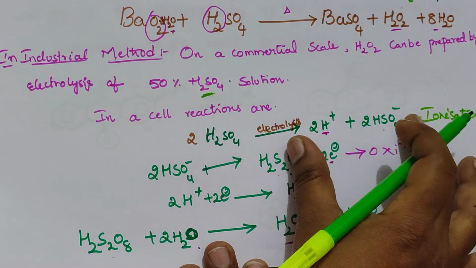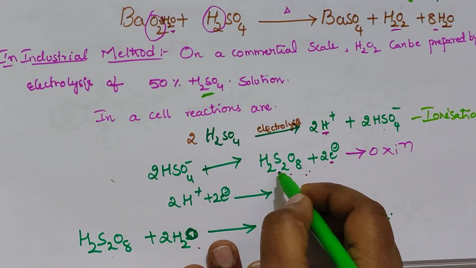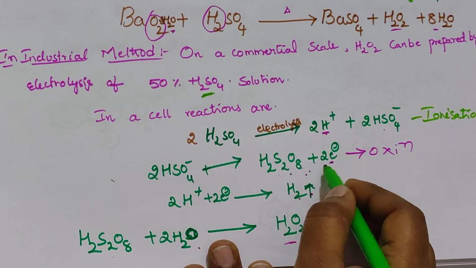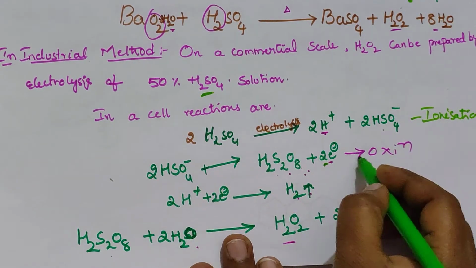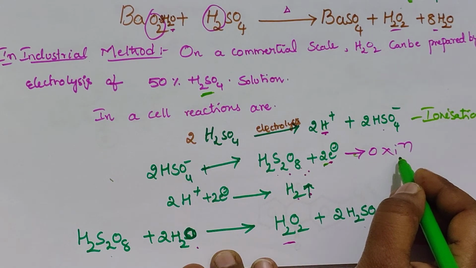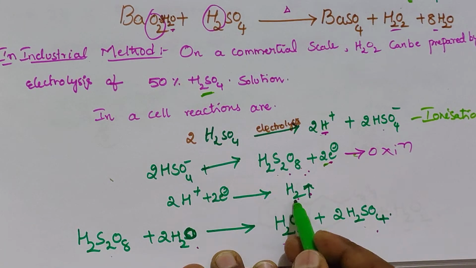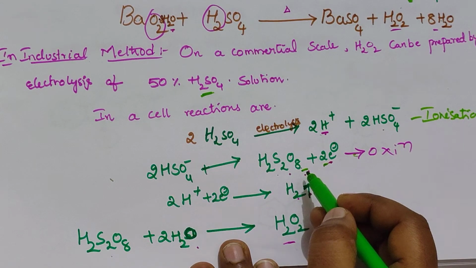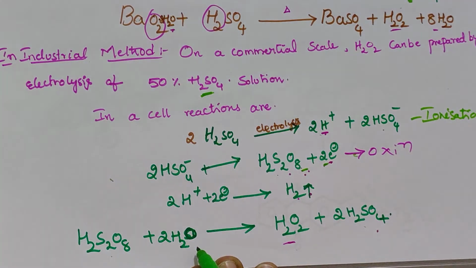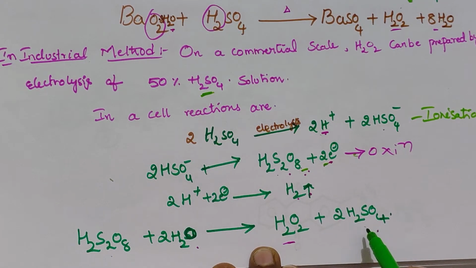At the anode, the 2HSO4 minus gives H2S2O8 as 2 electrons are removed from the HSO4 minus. This step is called oxidation. And the next one is the 2H plus ions. Adding 2 electrons, hydrogen gas is liberated. In the next step, perdisulfuric acid is treated with water, that is hydrolysis, to give H2O2 and 2 moles of sulfuric acid are liberated.